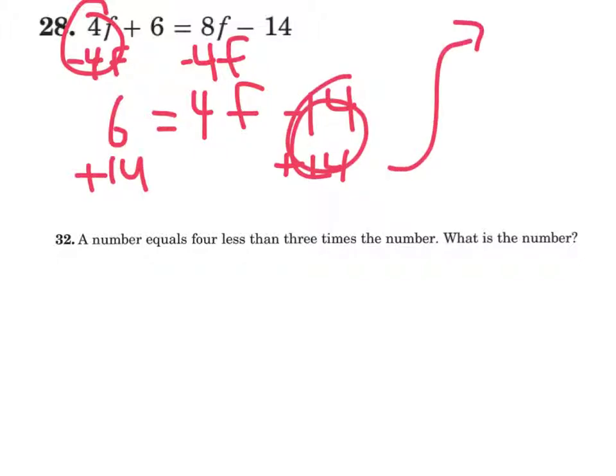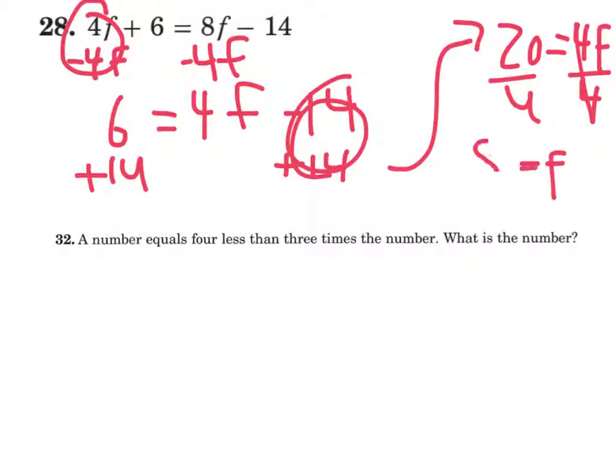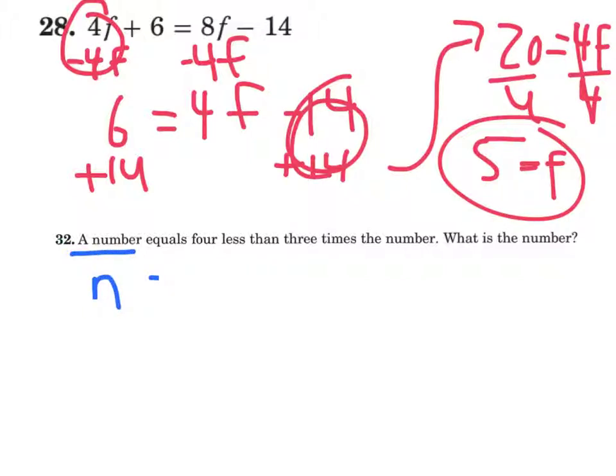So I get 20 equals 4f. Divide by 4 on both sides. F equals 5.